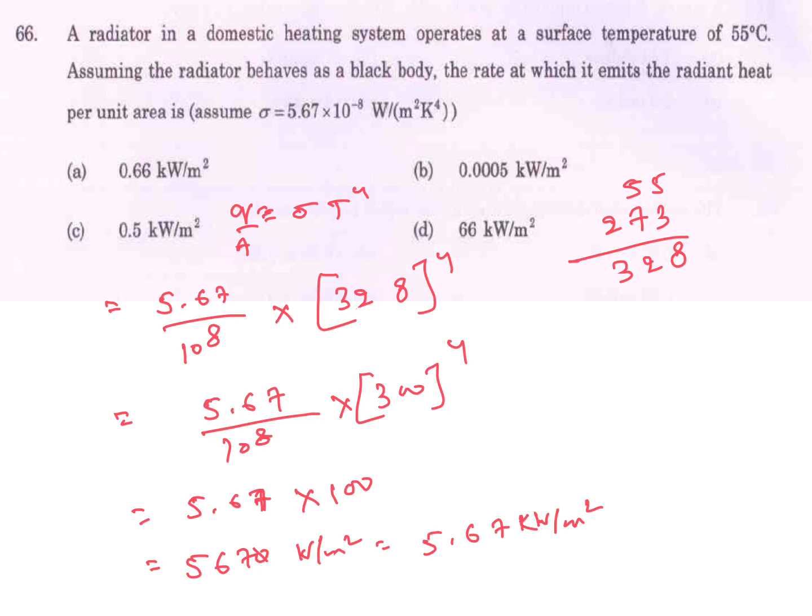It's 567 here, it's 0.567 kilowatt per meter square. This is not possible, this is also not possible.